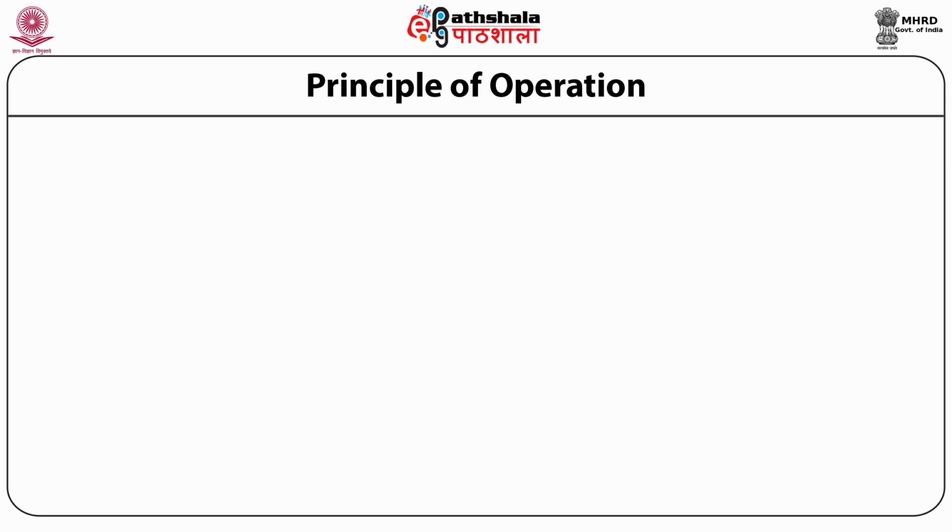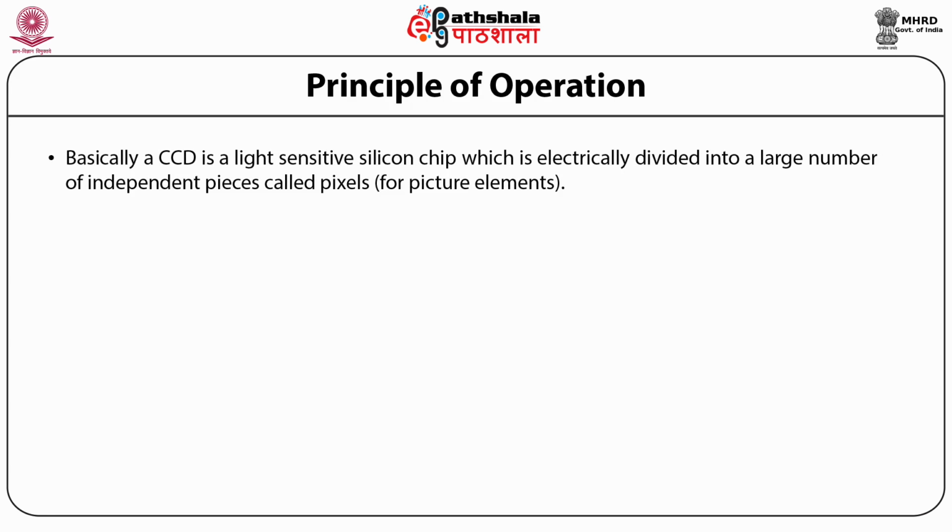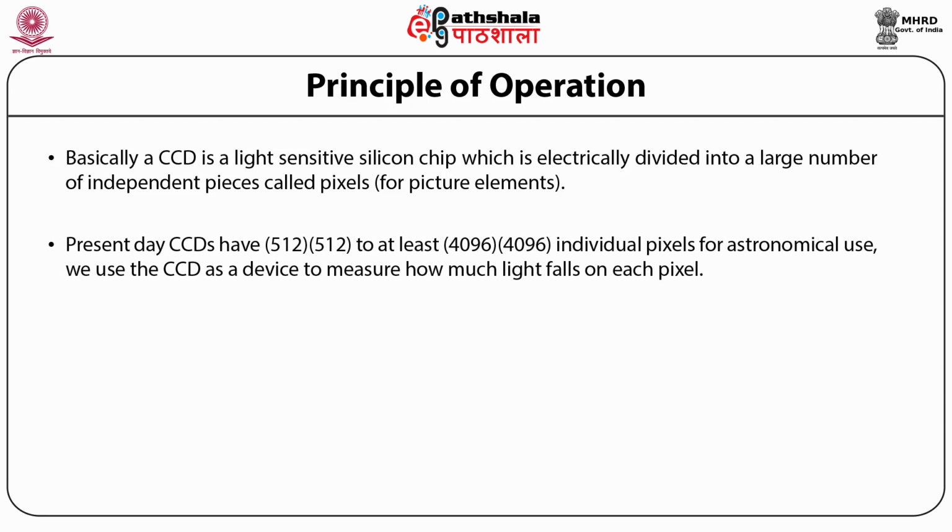Now, what is the main principle of operation here? Basically, a CCD is a light sensitive silicon chip which is electrically divided into a large number of independent pieces called pixels. Present day CCDs have from 512 by 512 to at least 4096 by 4096 individual pixels for astronomical use.